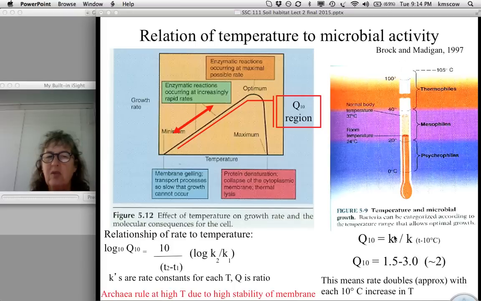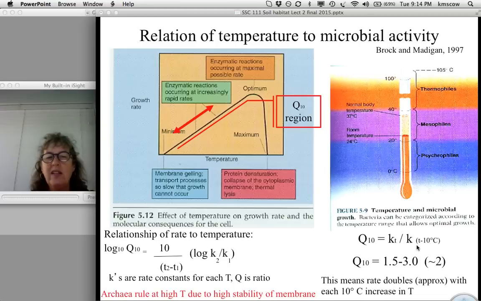So you're looking at this ratio of the rate at a higher temperature to that same rate at a lower temperature. That Q10 value, that ratio, rule of thumb, is about 2. You might see it ranging from 1.5 to 3.